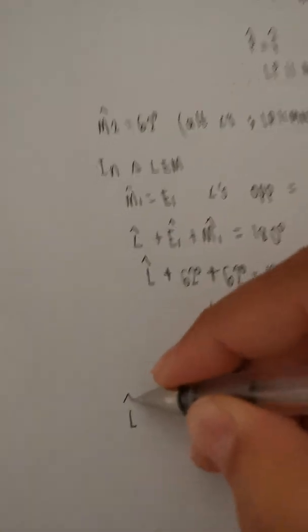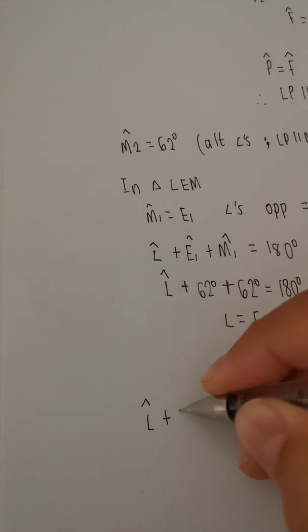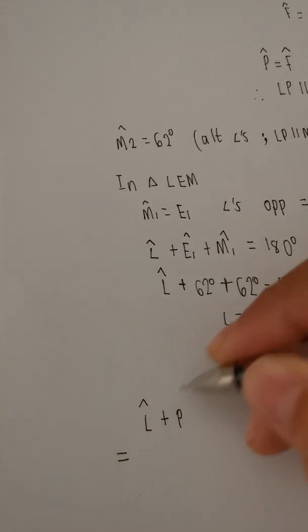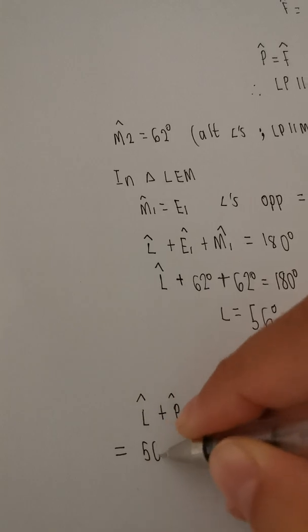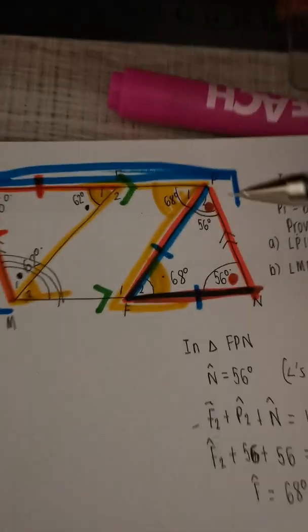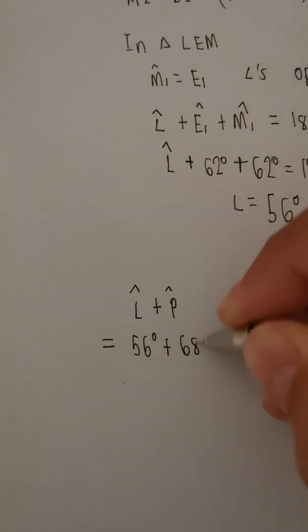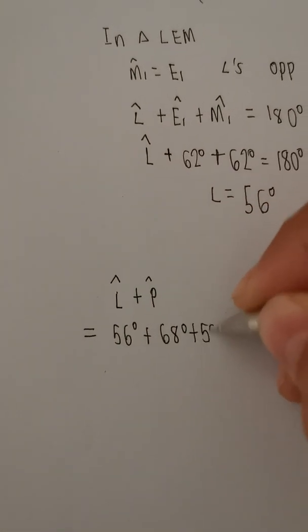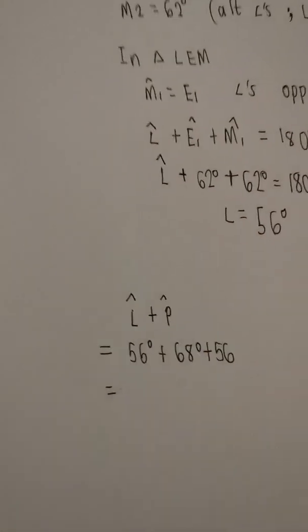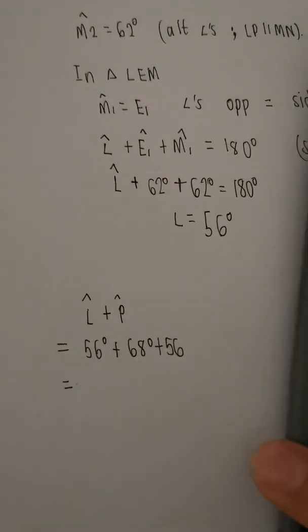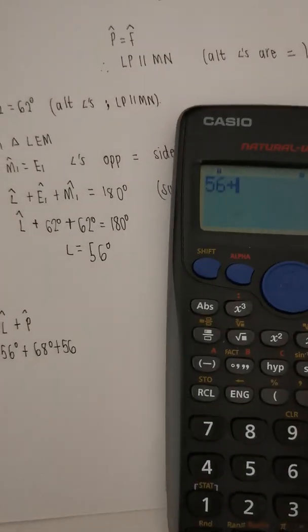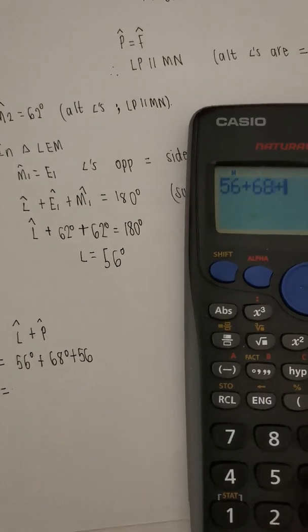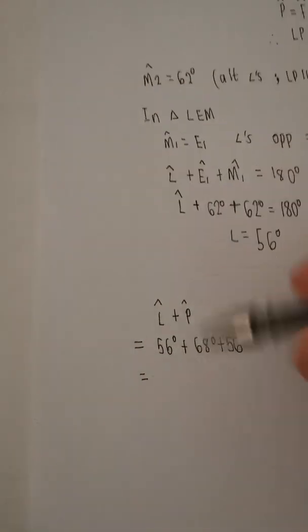Angle L plus angle B is equal to 56 degrees plus angle P is made up of 68 plus 56. Okay, and now we're going to add this up. Wow, look at that, 180 degrees.